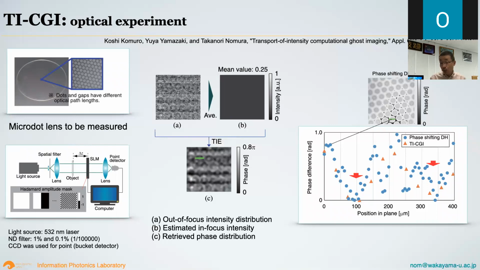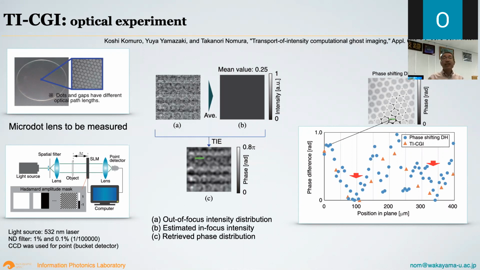The blue circle denotes the result by phase shifting DH. The resolution is very different. Phase shifting DH has high spatial resolution because it is the same as the pixel size of the image sensor. But CGI's spatial resolution depends on the SLM.